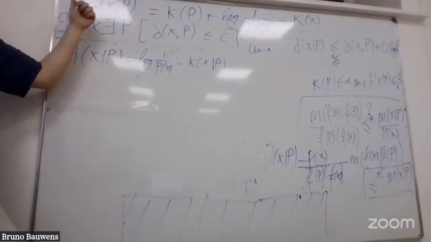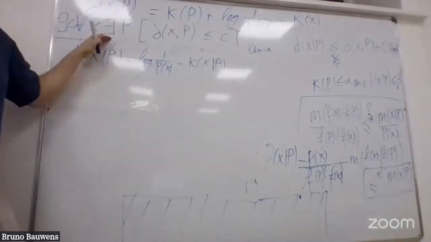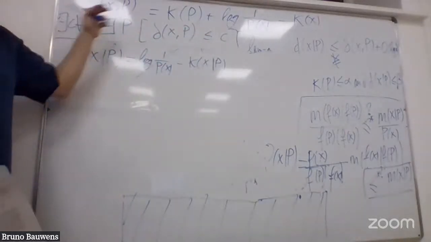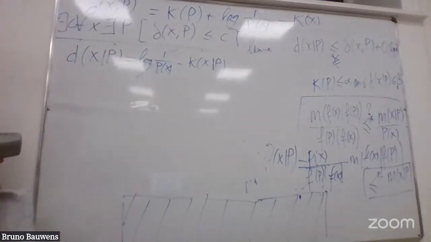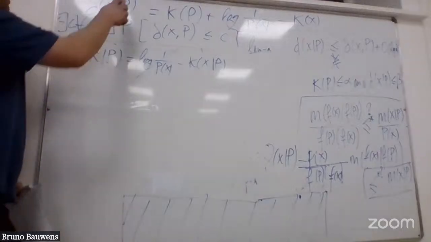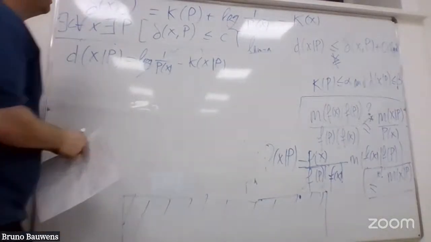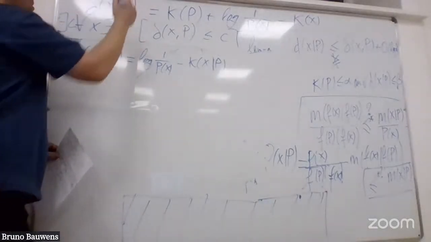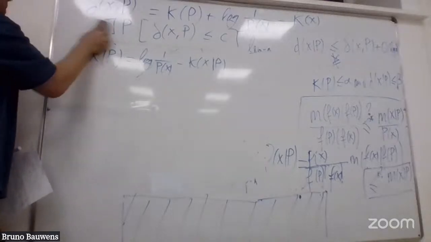From a set we get a probability by the uniform distribution, and vice versa. Oh, sorry, actually, I don't need this definition.